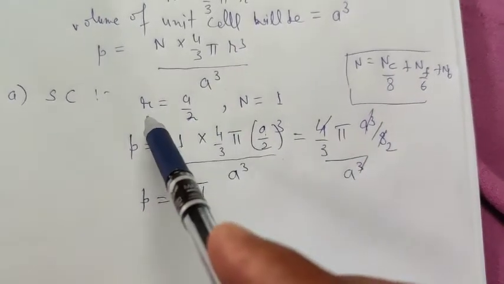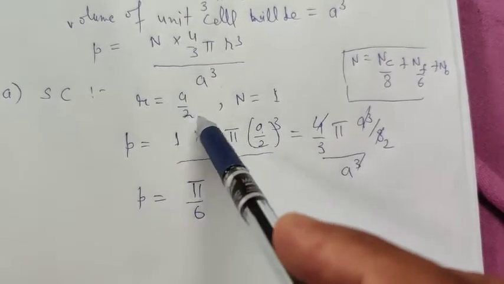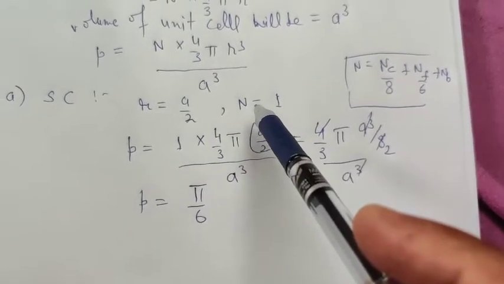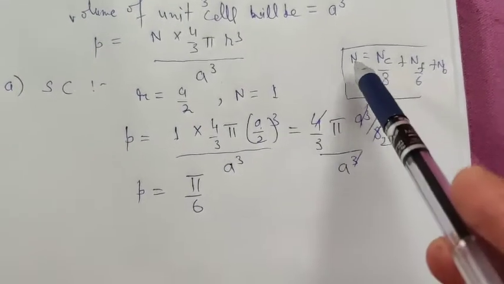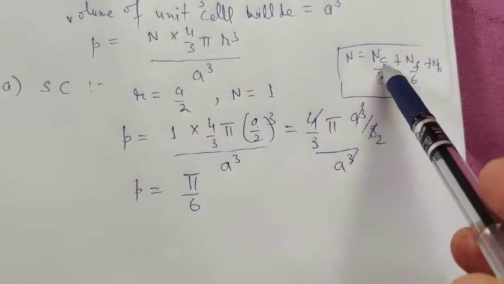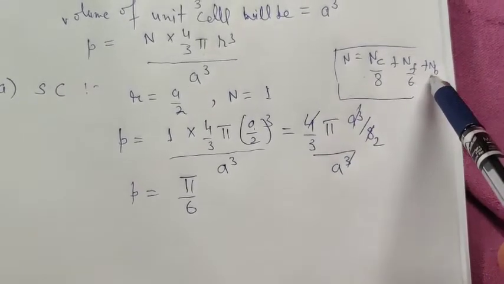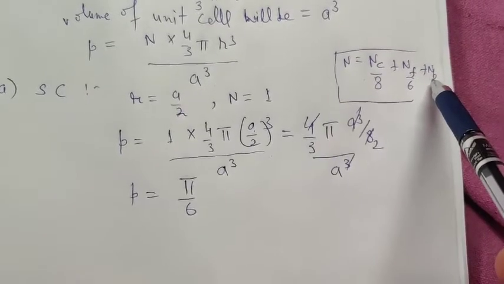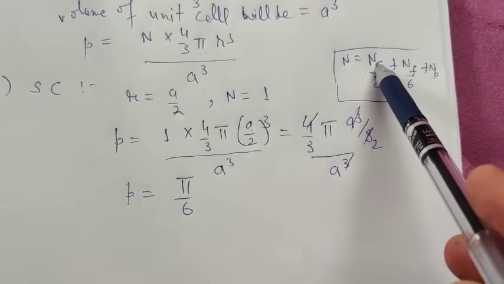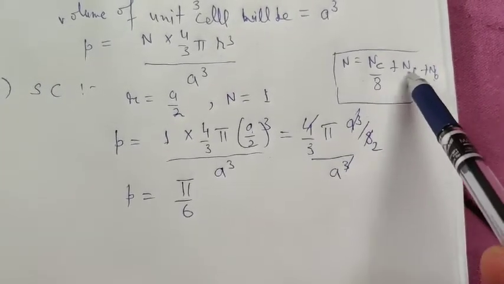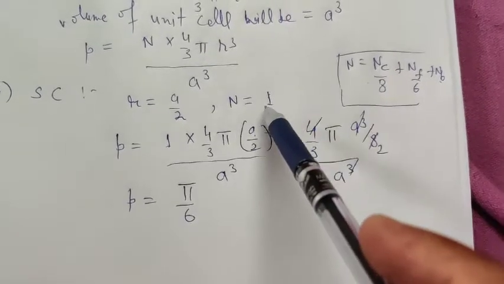In the simple cubic system the atomic radius is half of the primitive, that is a/2, and the effective number of atoms per unit cell is 1, which is given by this formula, where nc is the number of corner atoms, nf is the number of face centered atoms, and nv is the number of body centered atoms. In the simple cubic case there are 8 corner atoms, no face centered atoms, and no body centered atoms, so the effective number of atoms per unit cell will be 1.